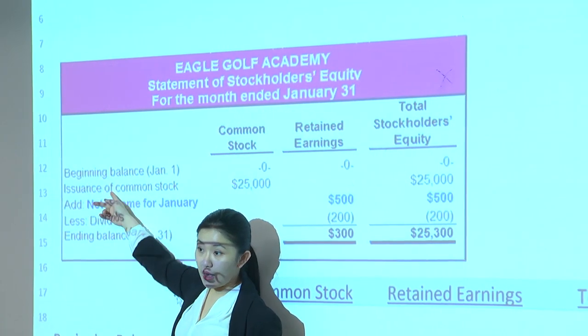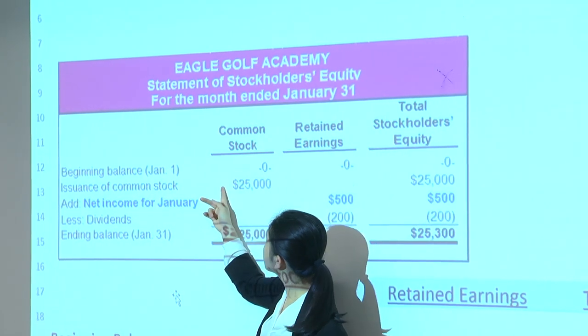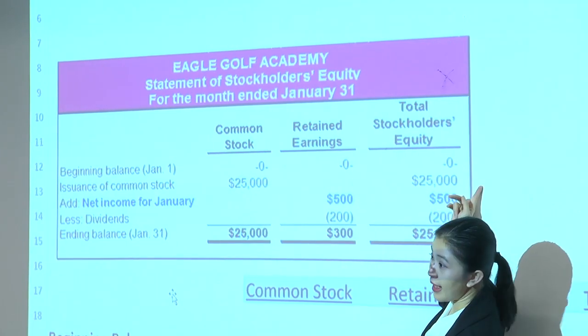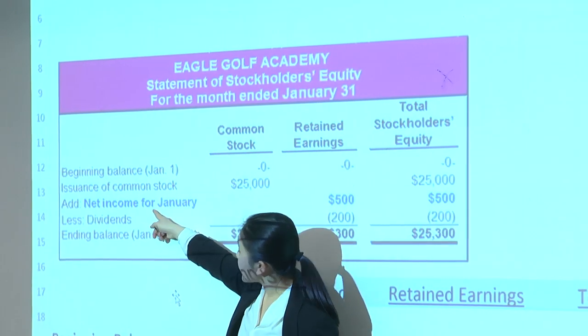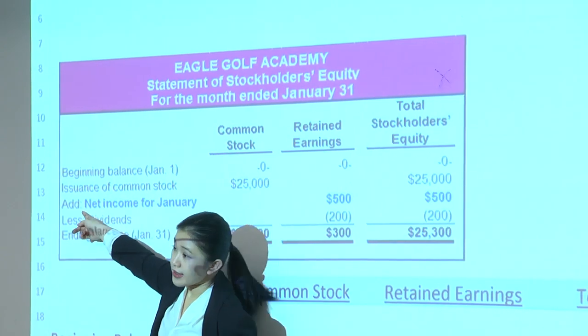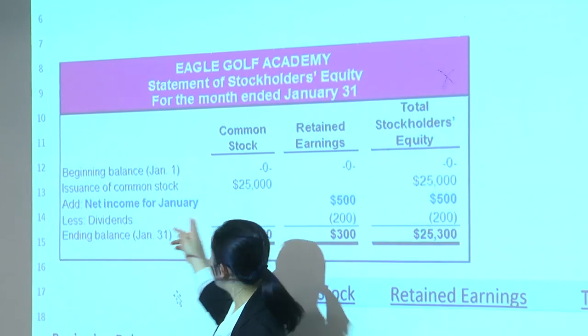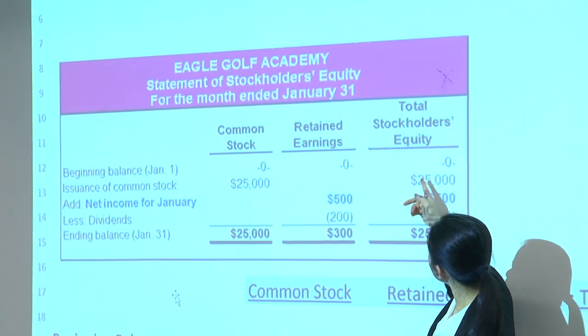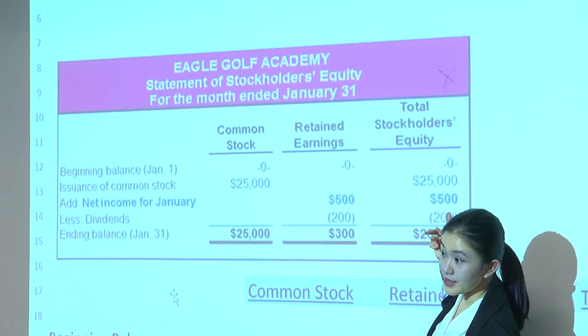If we issue common stock, this will increase the common stock column, and then it will carry to the total line. Also, net income and dividends: net income is added, while dividend is subtracted. And these two lines are in the retained earnings column, which will also affect the total stockholders' equity.